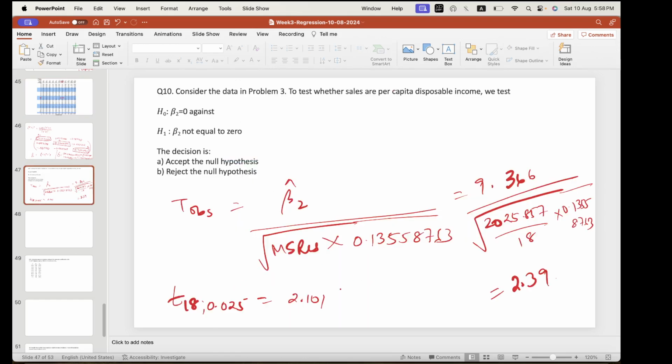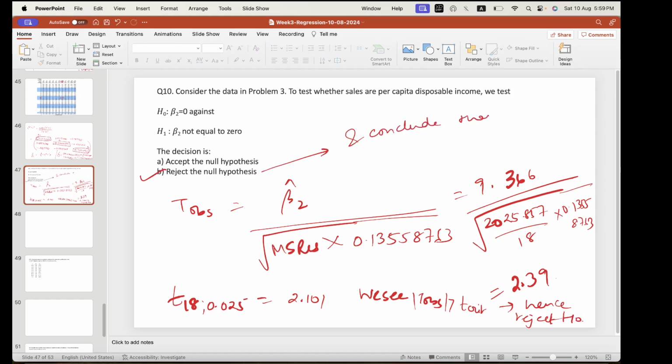So here also we see t observed modulus is greater than t critical, hence we reject H naught. We reject the null hypothesis and we conclude that per capita income is significant.